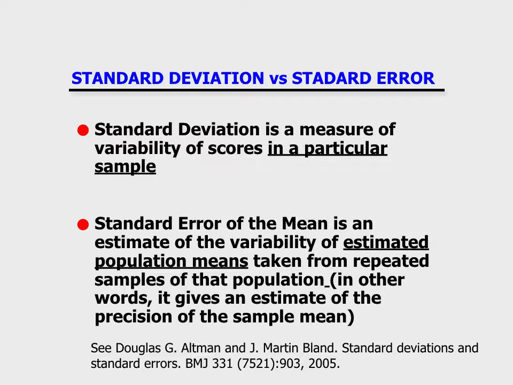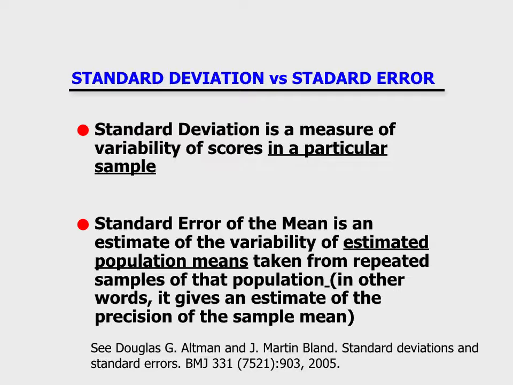So it gives an estimate of the precision of the sample mean. So the standard deviation is the measure of variability of your own scores, whereas the standard error is the estimate of the variability of the population against which you're measuring.